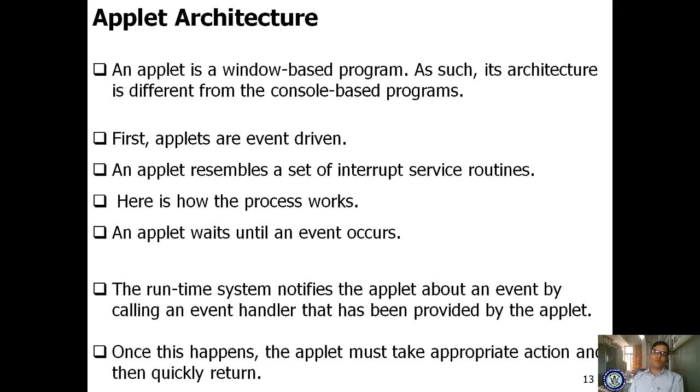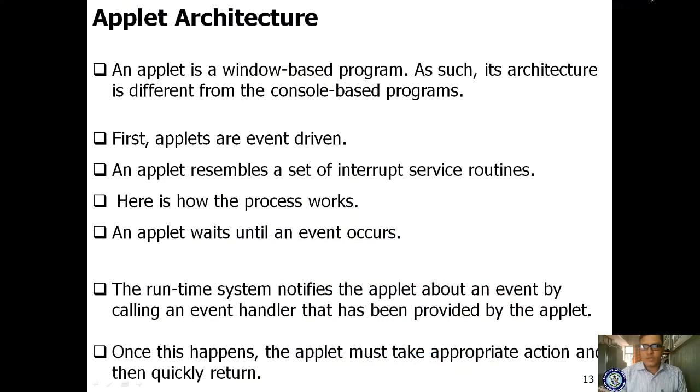Here is how the process works. An applet waits until an event occurs. The runtime system notifies the applet about an event by calling an event handler that has been provided by the applet.